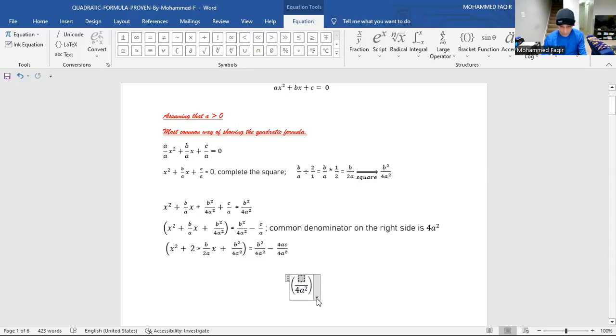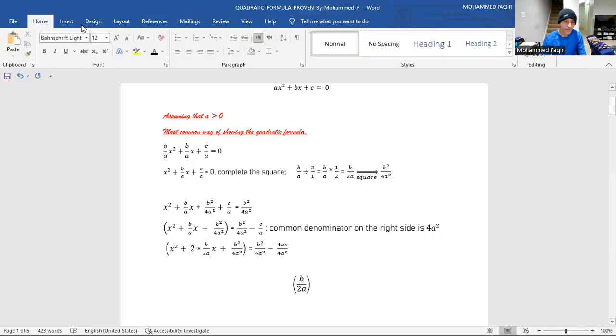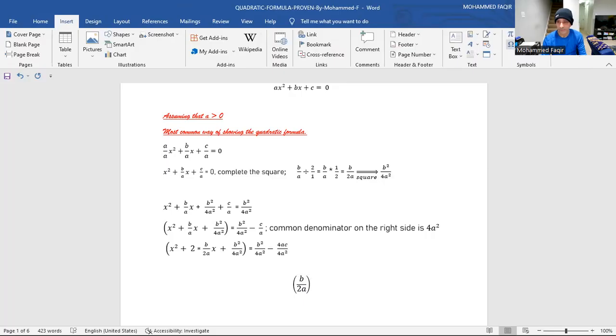I'm gonna remove what I've done here. I shouldn't be copying. I should be doing 2a, and I should be doing b over 2a. And I should insert that.